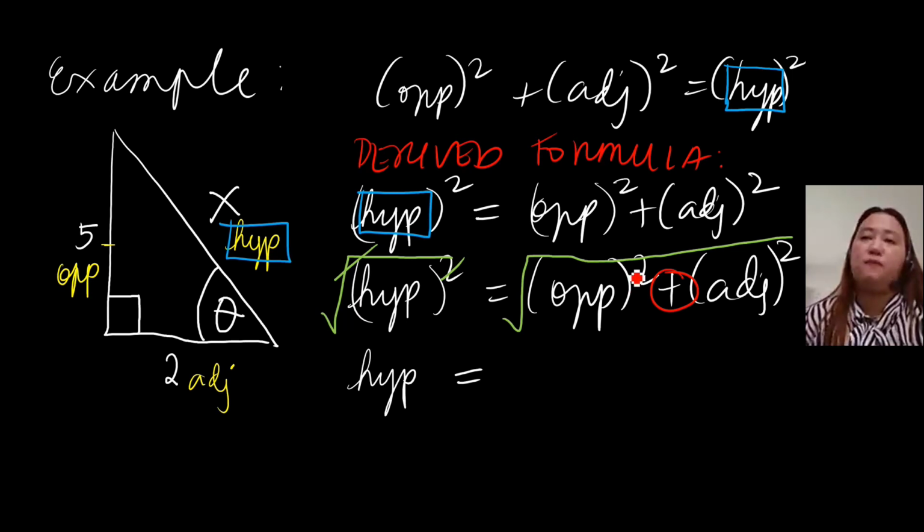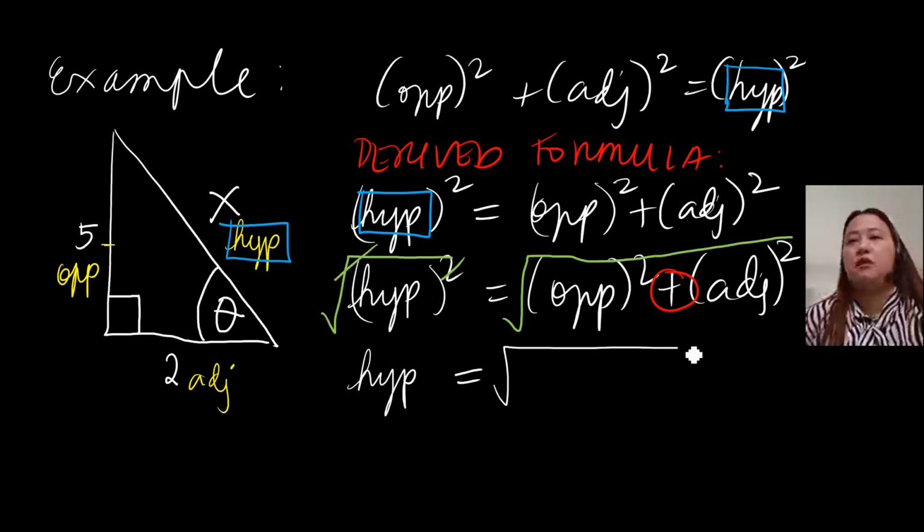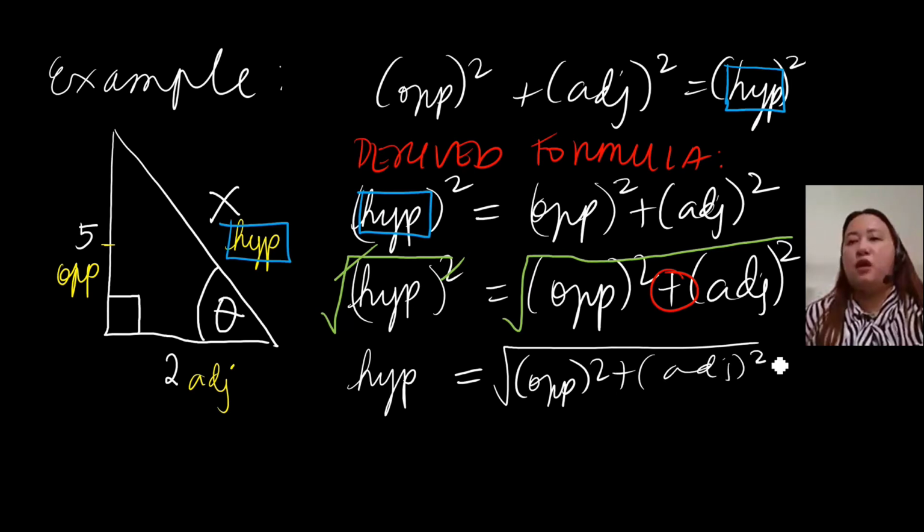If the operation is addition or subtraction, you cannot cancel. Remember that. If you have two terms, you cannot cancel it. So what you need to do is just copy it. So that is square root of opposite squared plus adjacent squared.